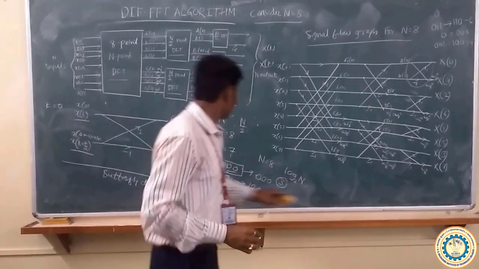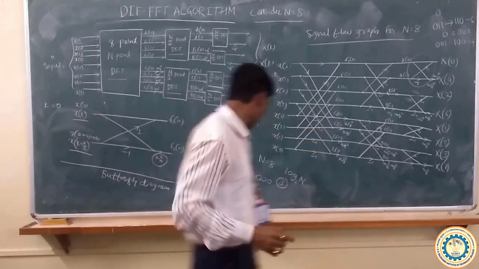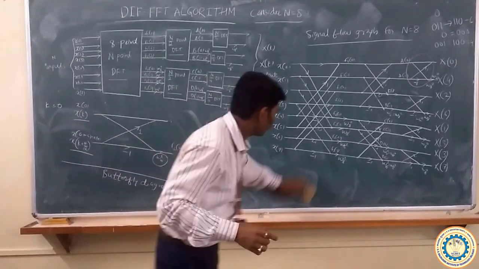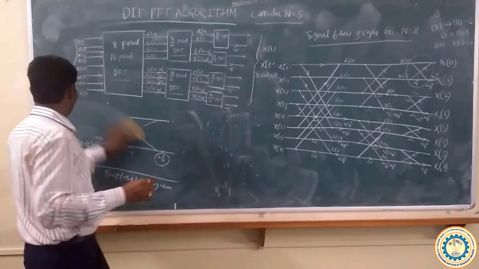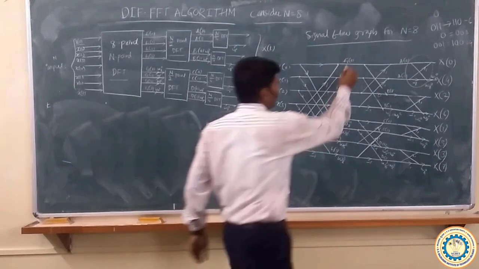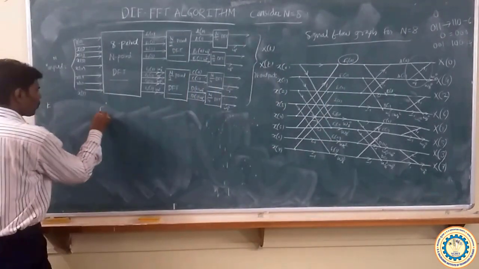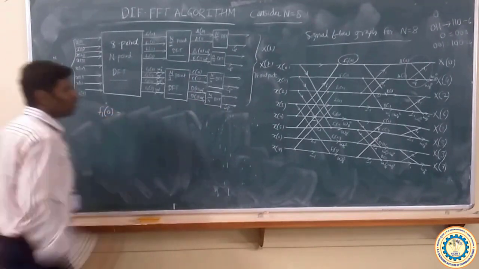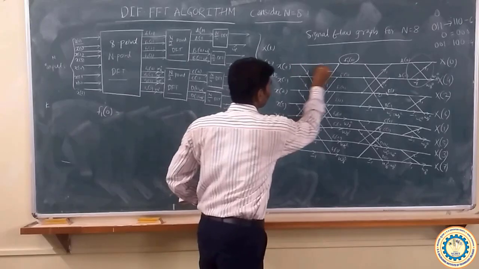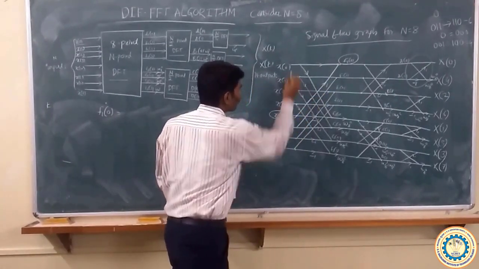Now let us see the individual expression of each butterfly diagram. Let us write the expression for f1 of 0. The input for f1 of 0 is, one input is x of 0 and another input is x of 4.